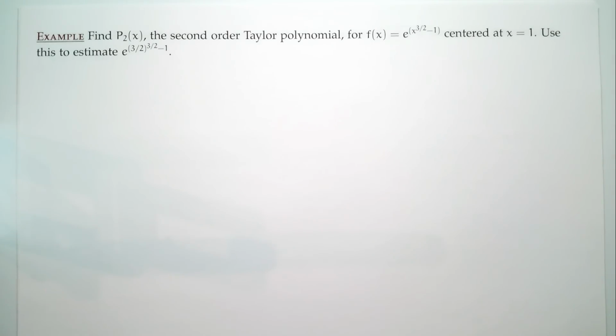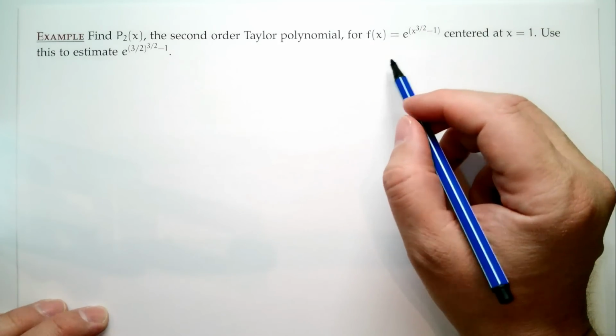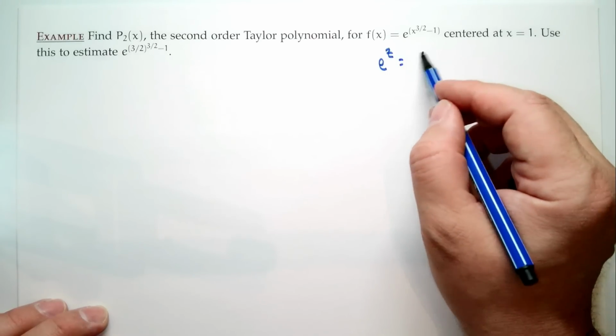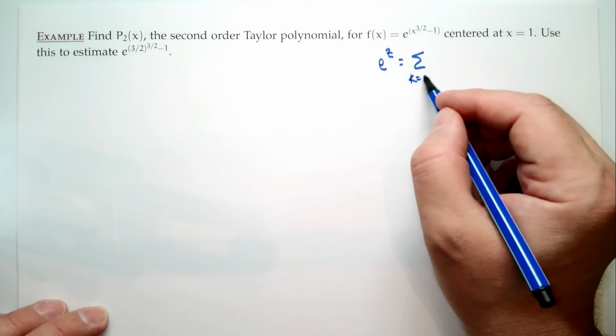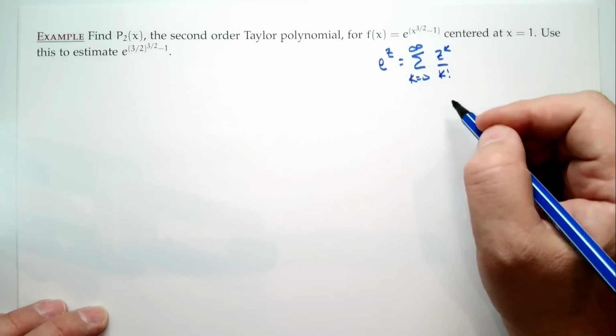Now there's a temptation here to say, oh, this is like e to the x, but I'm just using x to the 3/2 here. So the temptation is to say, I know that e to the z is the summation from 0 to infinity of z to the k over k factorial.